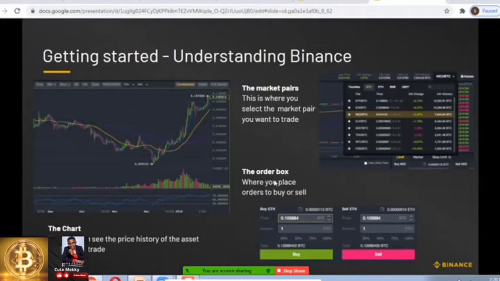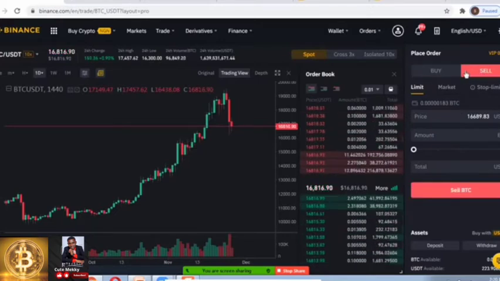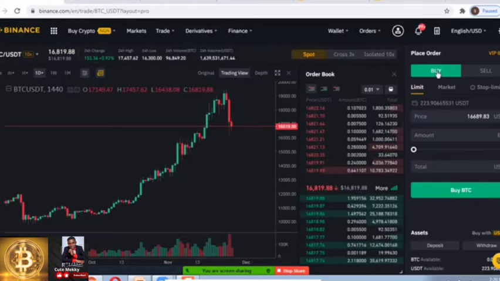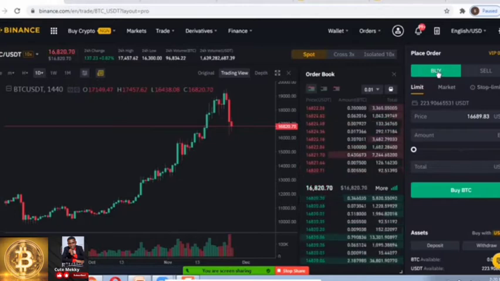We have the box, which we call the order box or the market order box. The market order box is what you are seeing here. This order box shows you buy and sell. Let's say, for example, my chart is on BTC USDT and my order box is here.